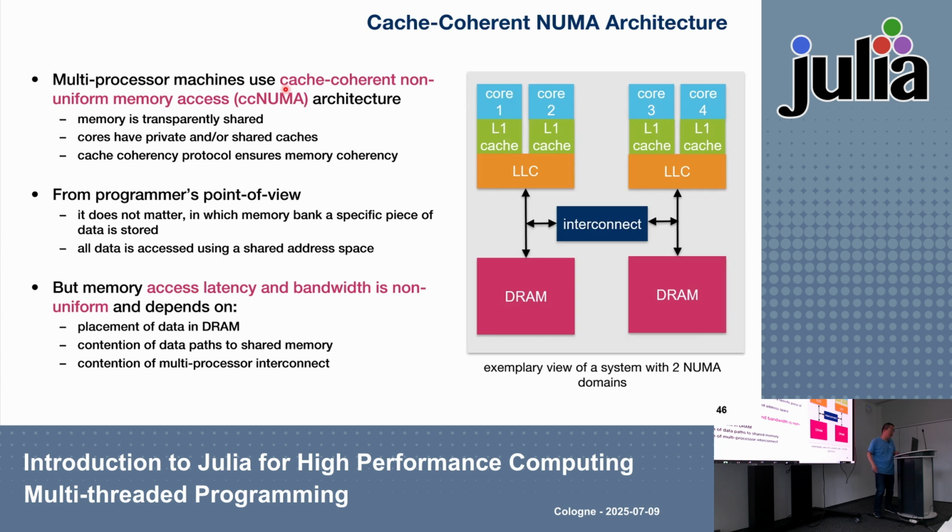I think a figure tells 1,000 words. This is easier to understand. Let's say you have 4 CPU cores, and they have such a topology that the first CPU cores have their individual L1 cache, and they have their shared last level cache, and they have their independent, directly connected memory.